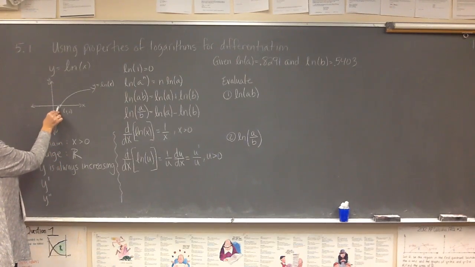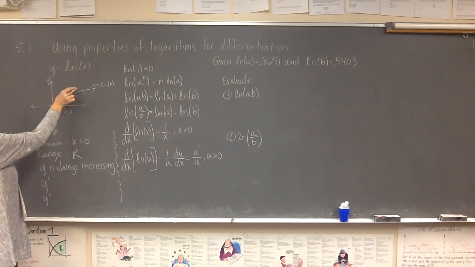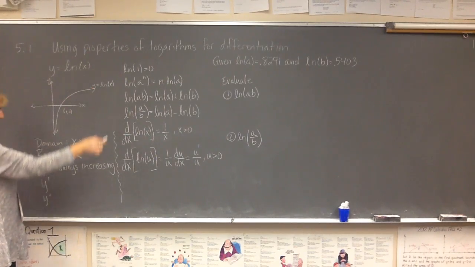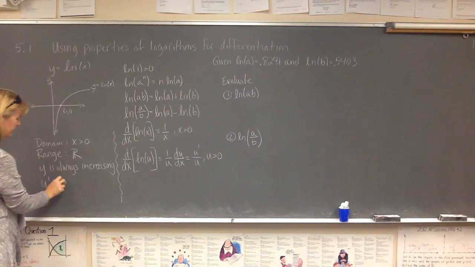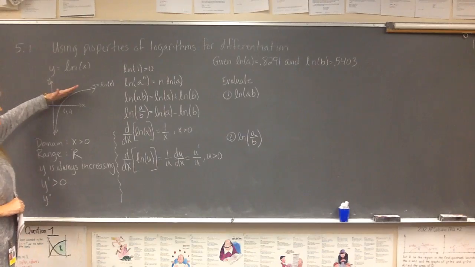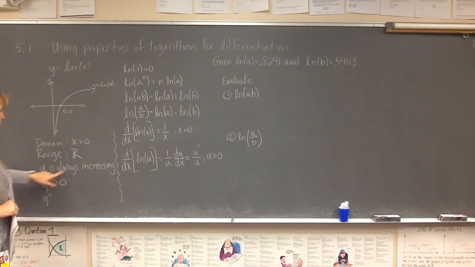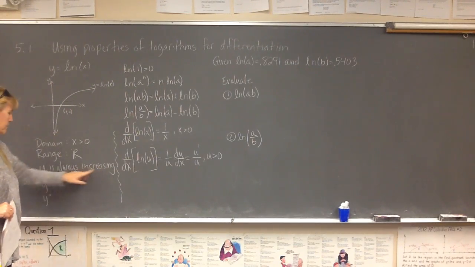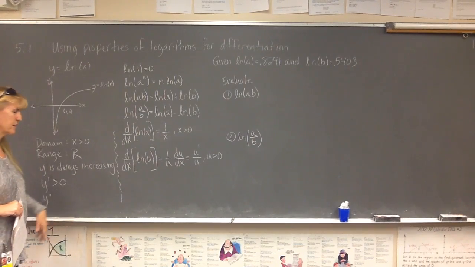The slope of the tangent line is always what? The slope of the tangent line is always positive, so greater than 0. That means your y prime always has to be greater than 0 because the slope of the tangent line is always greater than 0, which is also coinciding perfectly with the fact that y is always increasing.